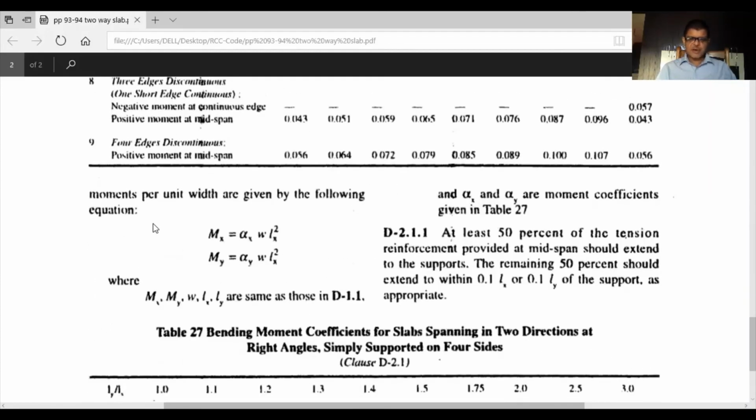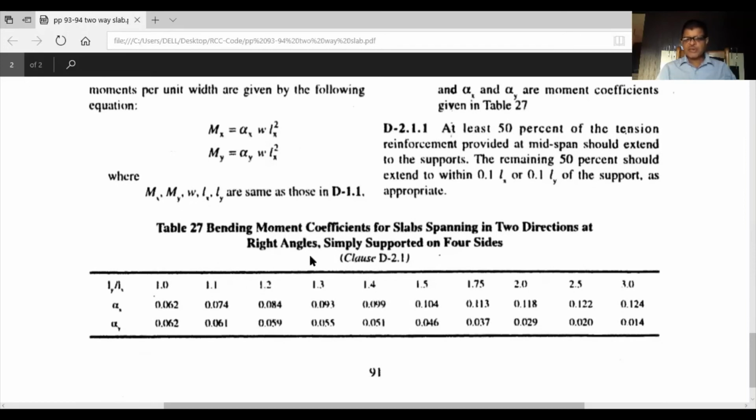Then the moments will be alpha x w L square. Again, Mx is equal to alpha x w L square, but alpha x and alpha y are taken from Table 27, not 26. So values of alpha x and alpha y are given for various Ly by Lx ratios. So for the Ly by Lx ratio, find the alpha x value and alpha y value.